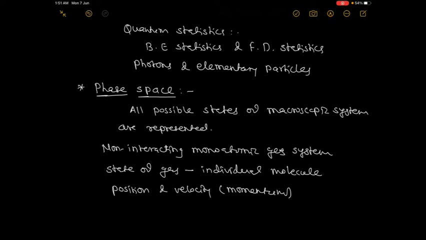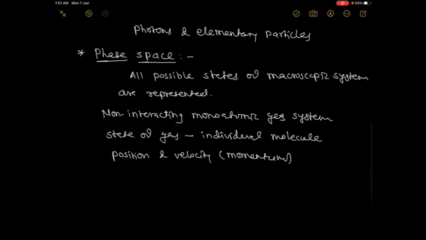Hence, to specify the state of gas, it requires the position coordinates x, y, z. Means x, y, z gives position coordinates in the given system.